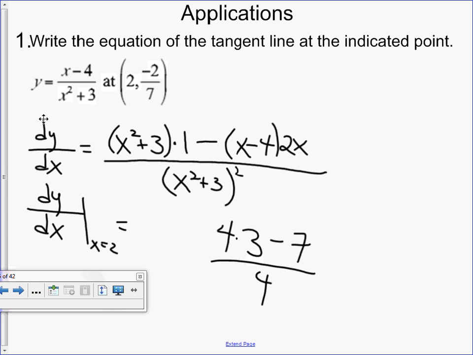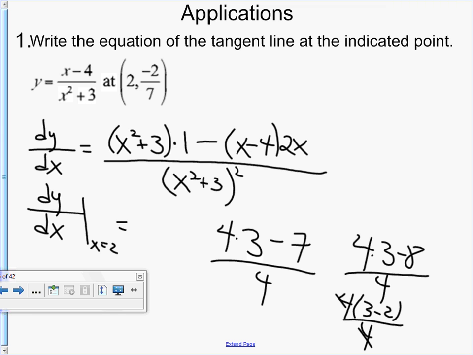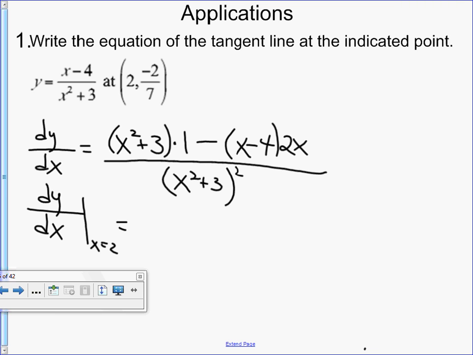If you could pull the 4 out of both terms, like if this instead was 4 times 3 minus 8 over 4, I could pull the 4 out of this one too, and make it 4 times 3 minus 2 over 4. Then I could cancel. You can only cancel factors. And 4 is not a factor of the entire numerator. It's just a factor of this first term. It's got to be times the rest of the numerator before you can cancel it. So yeah, that's a common mistake. So we're not going to be able to do that, but we'll just plug the 2 in.